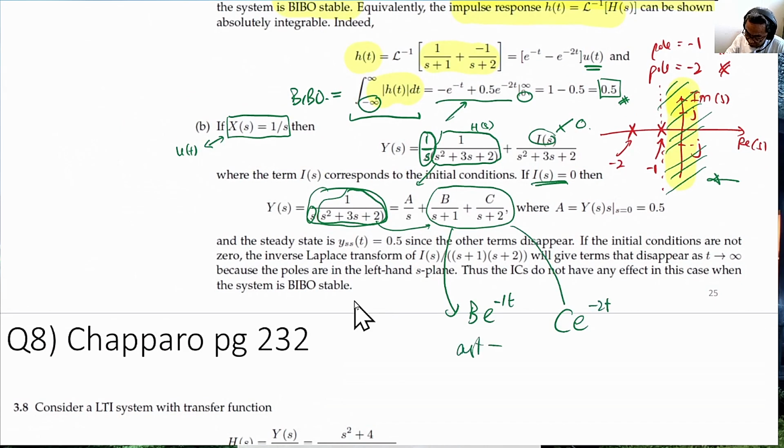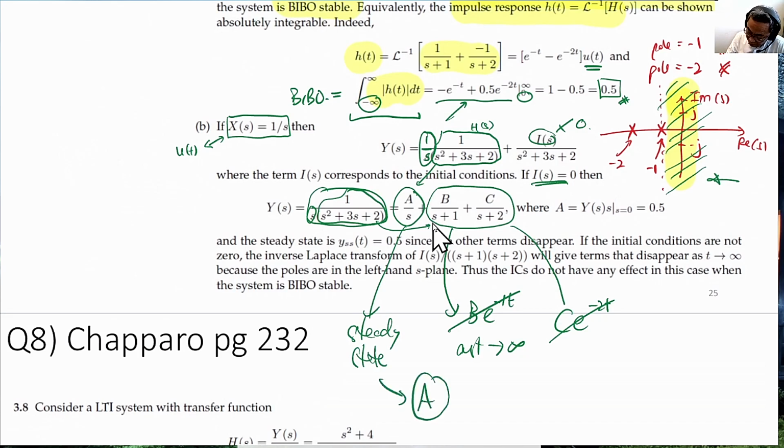As t goes to infinity, these go to 0, showing that the only thing interesting is A over s for steady state. Steady state meaning as t goes to infinity, what is the value of y(t)? So it is simply A. A can be solved, and the answer is A is 0.5.